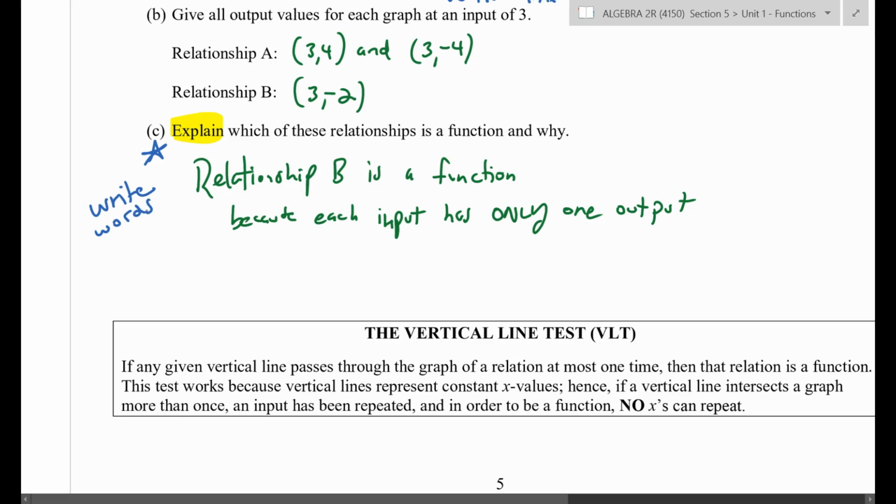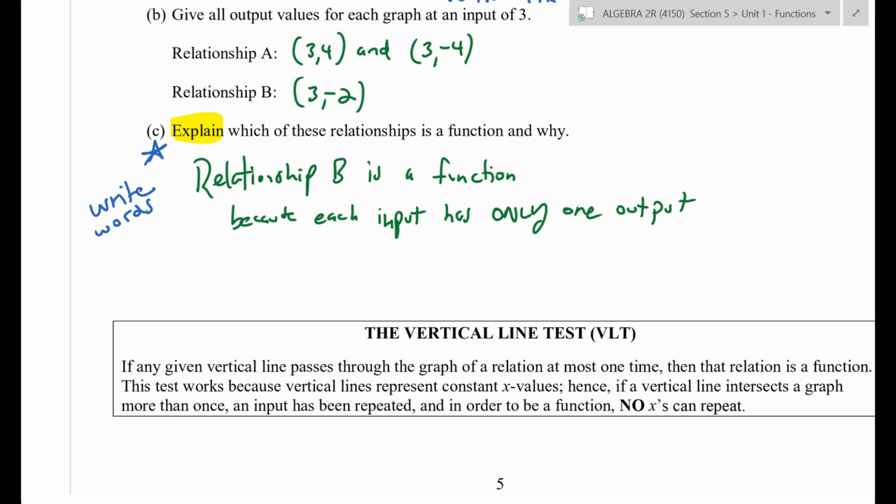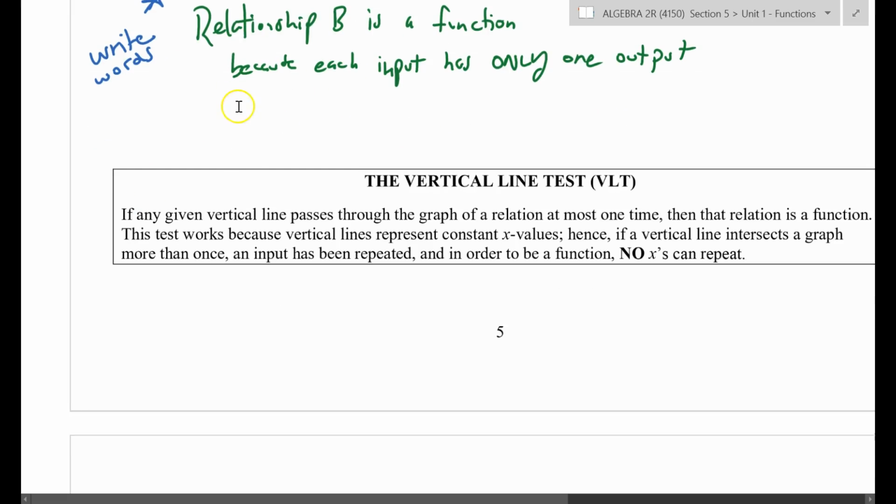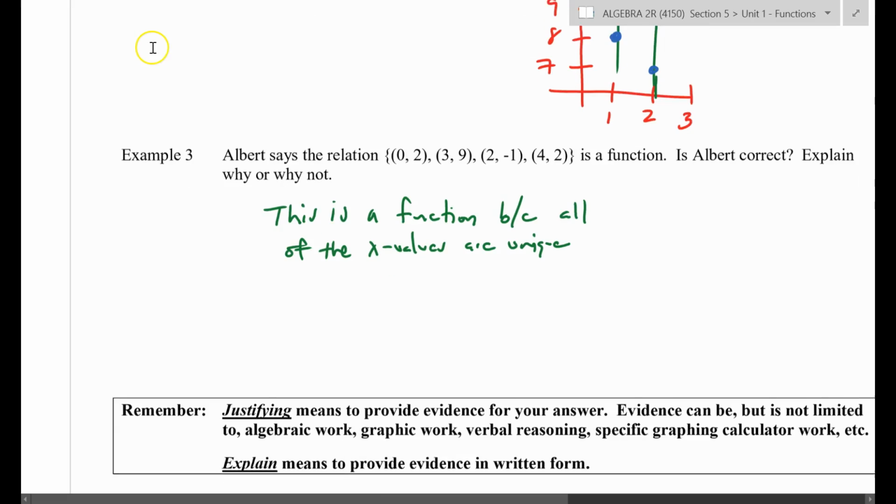It means that you have to use vocabulary and sentences in order to give me an explanation of what's being asked.